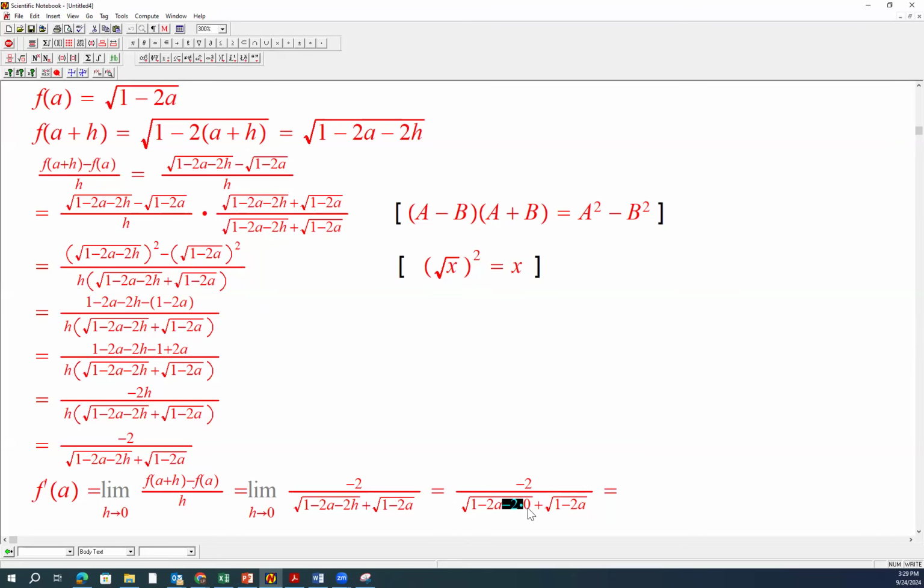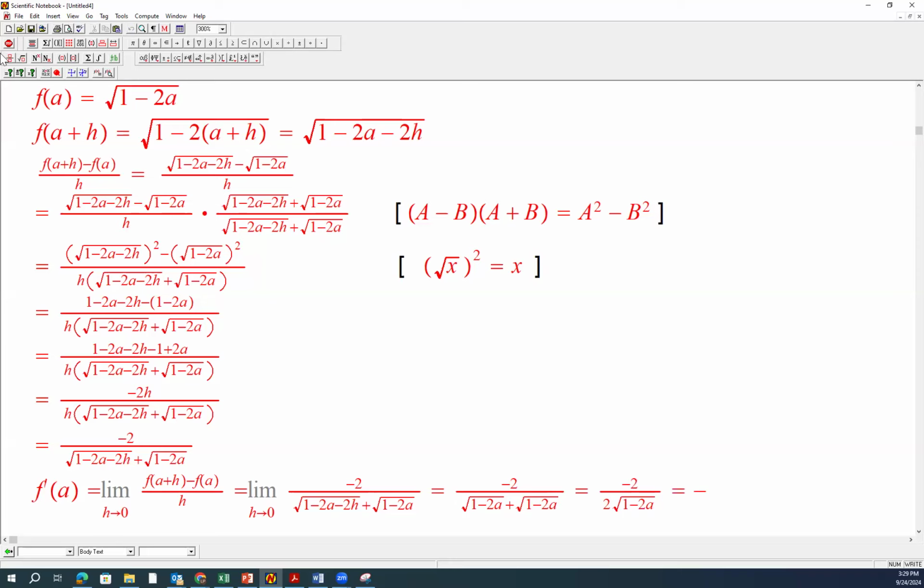We got, so this piece is, we have 2, right? We have 2 times in the denominator, 2 times that square root. And the negative 2 and positive 2 will reduce.